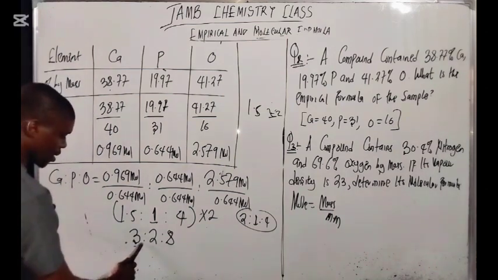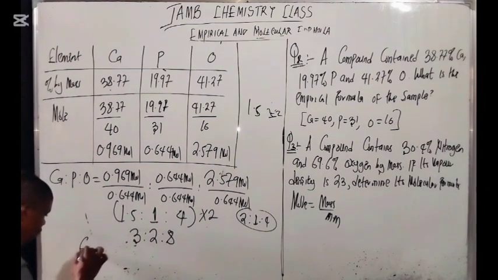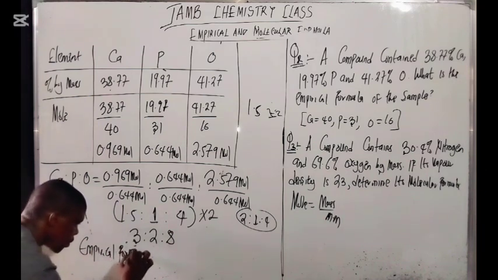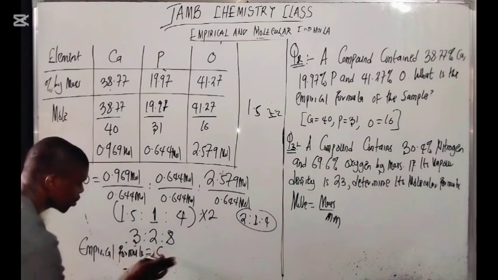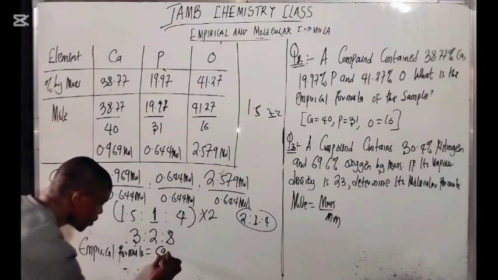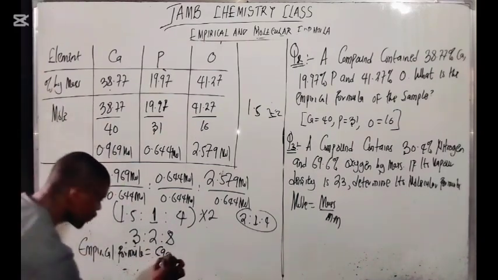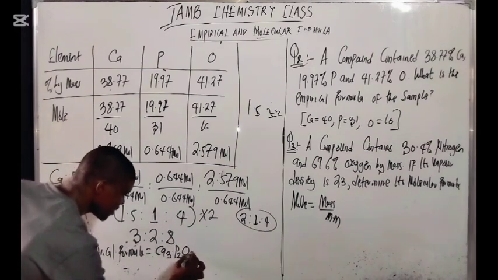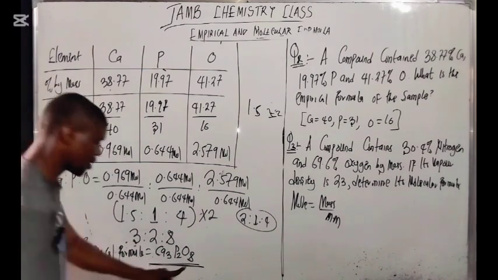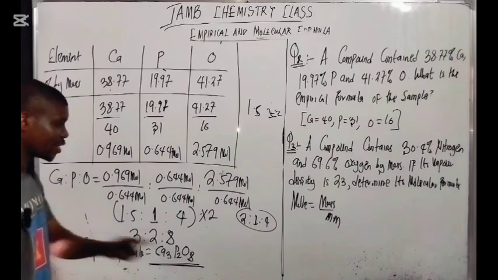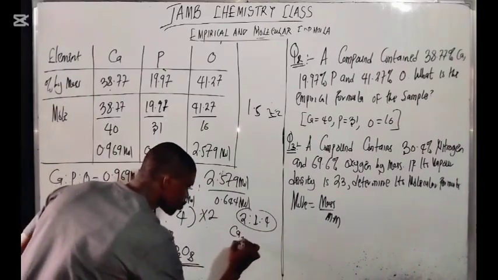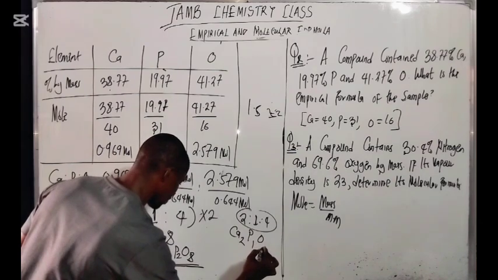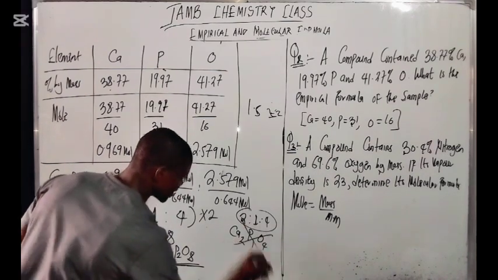So the empirical formula is calcium 3, phosphorus 2, oxygen 8. Do you understand? It is not calcium 2, phosphorus 1, oxygen 4. This is not the answer.